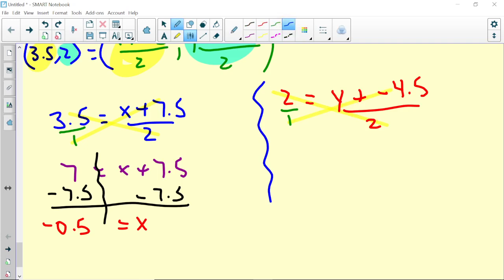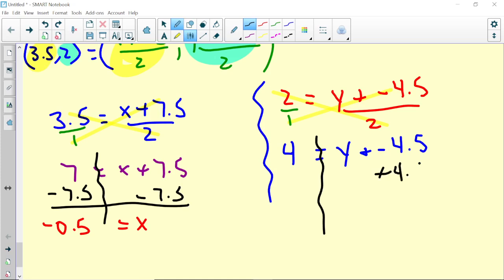Over here on the right, over that invisible 1, where we can cross multiply. So I've got 2 times 2 is a 4, equals 1 times everything up top on the right is itself. So y plus negative 4.5. This time I'm going to add 4.5 because it's a negative, so I'm going to do plus 4.5 to get y by itself.